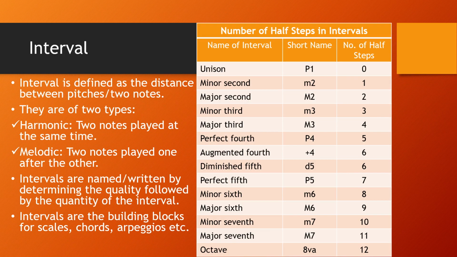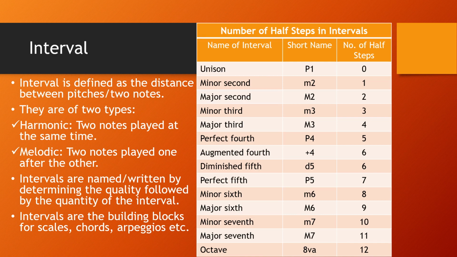Interval. Interval is defined as a distance between pitches or two notes. They are of two types, harmonic and melodic. Harmonic, two notes played at the same time. Let's take for instance the notes C and E. When you play both of them at the same time, you have what's called the harmonic interval.